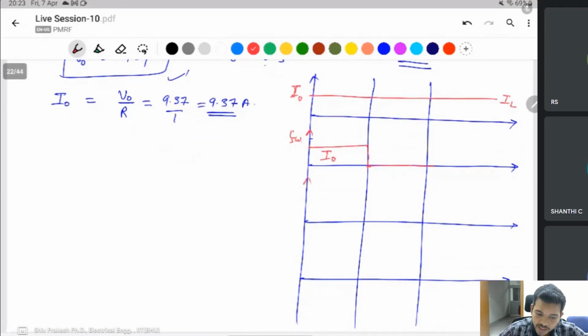But if you take IL with a ripple, then in the total time period dt, what is the switch current? When the switch is on, the same IL current flows through the switch. You can say this is IL maximum and this is IL minimum.